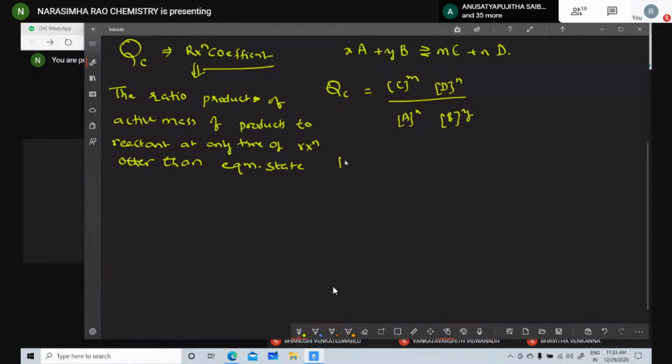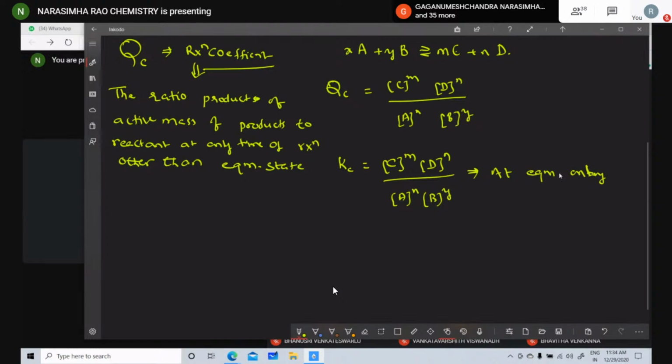We know that, children, Kc is also there for the same reaction: C power m, D power n upon A power x and B power y. This expression is at equilibrium only.